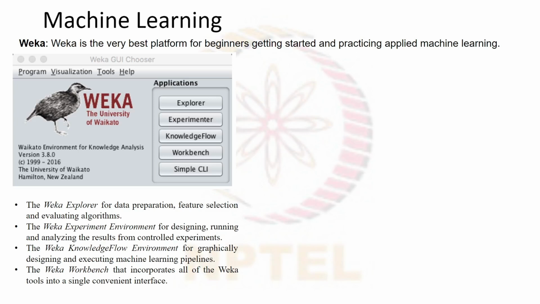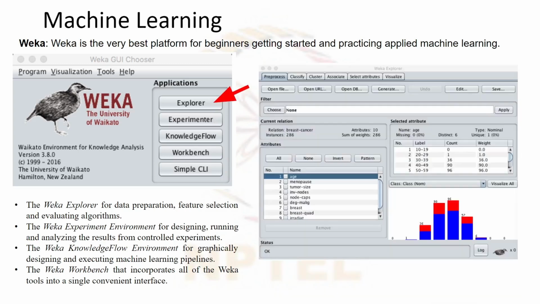You can select the Explorer. Weka Explorer is the graphical user interface of the Weka tool that allows users to perform several tasks. This Explorer again contains several subtabs that provide access to different functionalities of the tool.